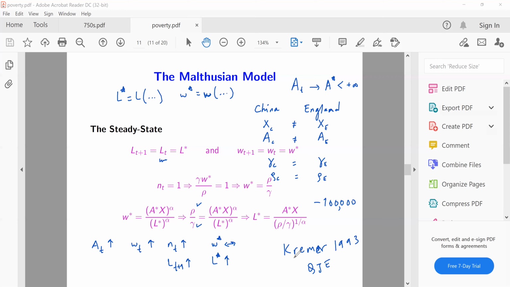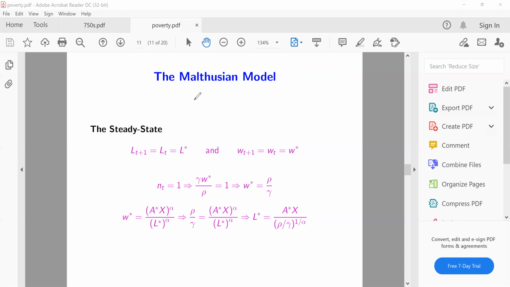Because even if you can get more productive from time to time, suppose that, for instance, this is the movement of A_t in pre-industrial times, right? So in modern times, we understand that continuous technological progress occurs, okay?